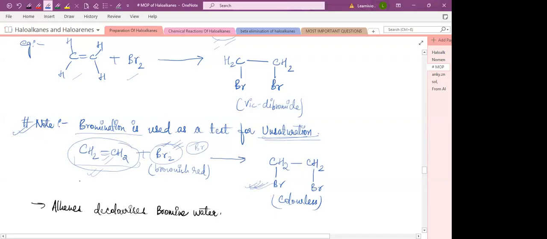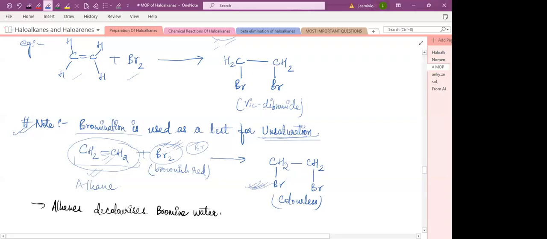Just remember, because this is the test for unsaturation, only an unsaturated compound will react with bromine water to give a colorless compound. Alkane is a saturated hydrocarbon, so it does not react with bromine water and doesn't decolorize your bromine water solution.